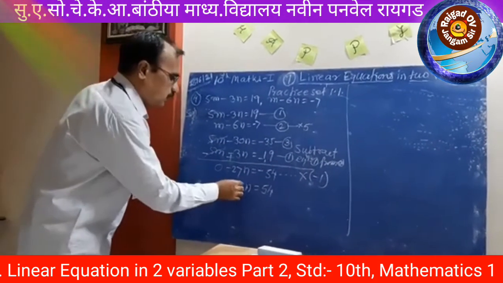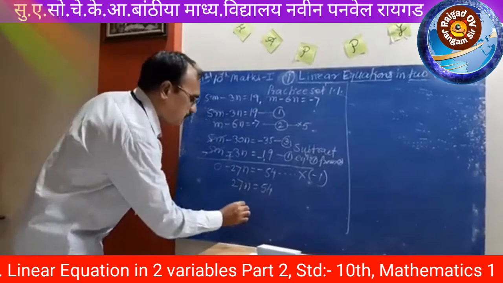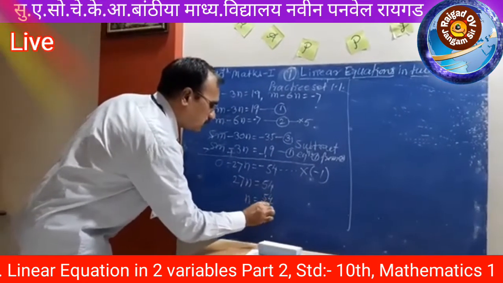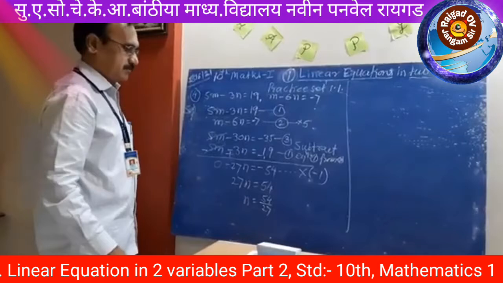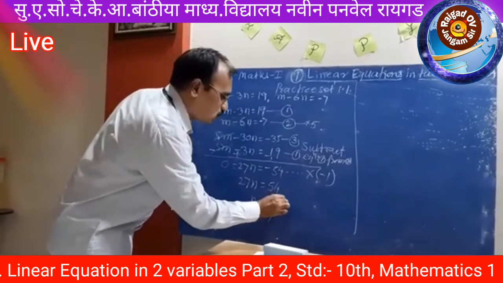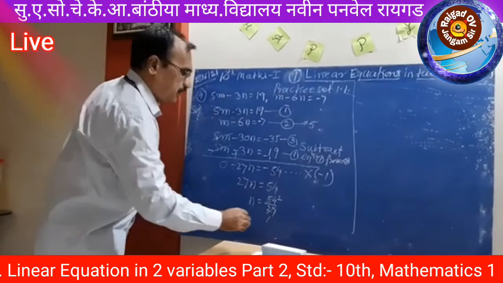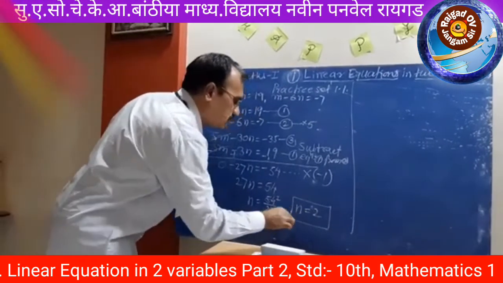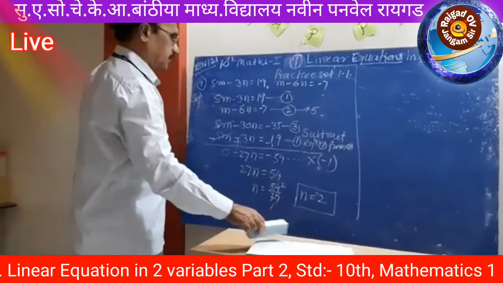Now if we take 27 on that side, it becomes divide. That means n is equal to 54 upon 27. 27 ones are 27, 27 twos are 54. That means n is equal to 2. This is the value of n.